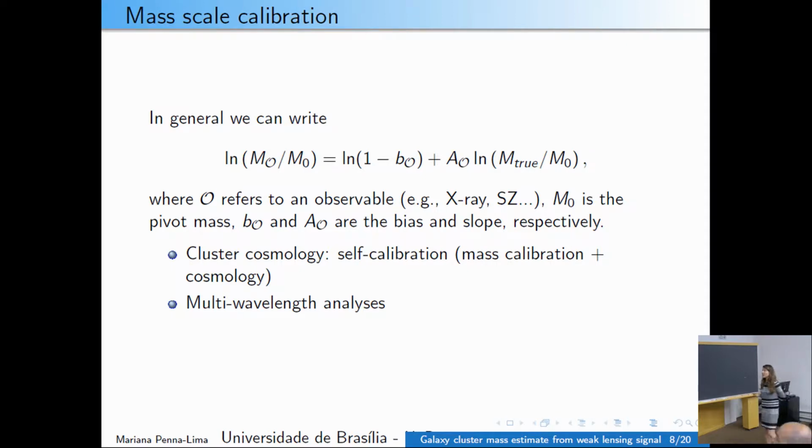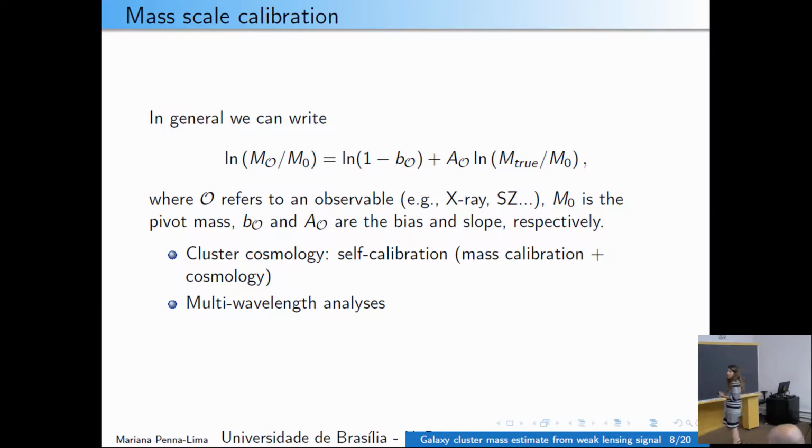So for cluster cosmology, one thing is that you are able to constrain both cosmology and calibrate your mass observable relation simultaneously. So this is what we call self-calibration, okay? And in this sense, it's really nice to perform some multi-wavelength analysis, okay?